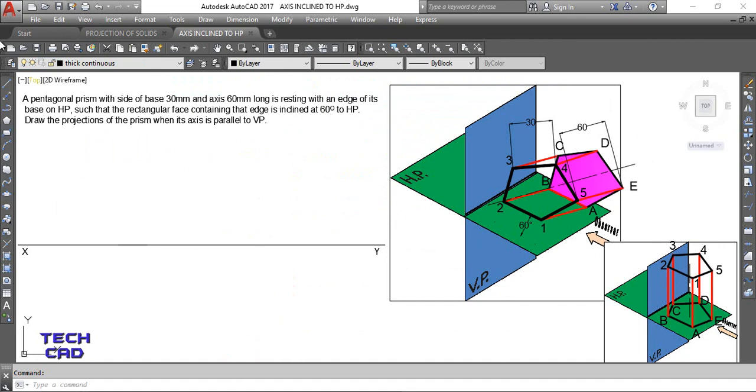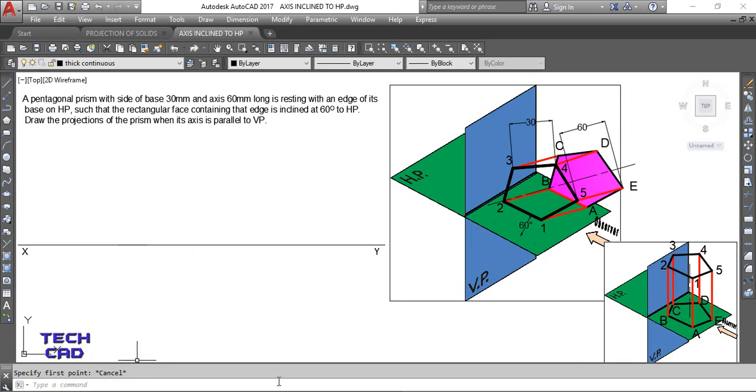Again, I'm taking the line. There is no distance from VP and HP given, so I can make my top view from anywhere. Why the top view? Because from the top view I can see exactly my pentagon over here. From the top view I can see the true shape of the solid. That's why I'll have to make the top view first.